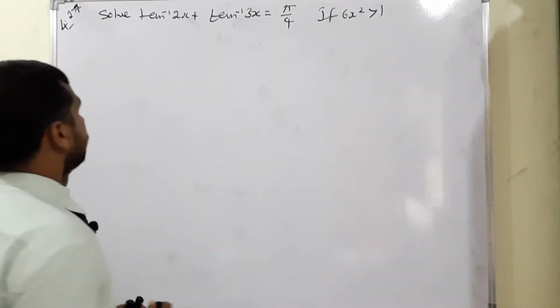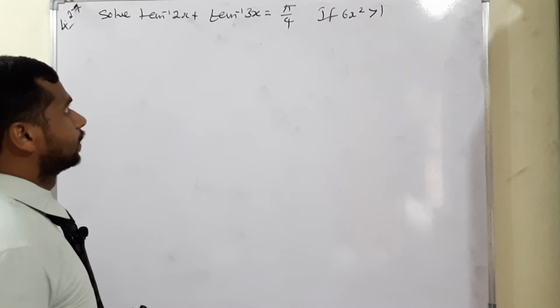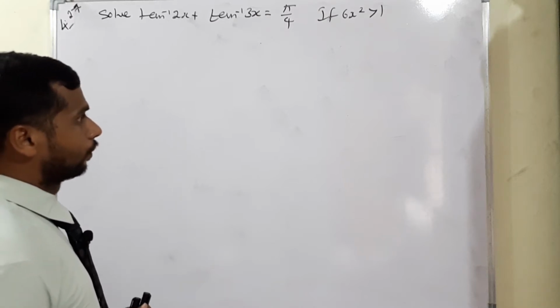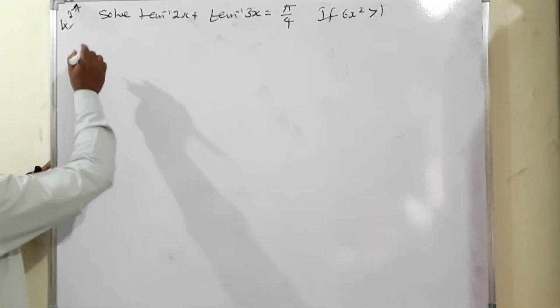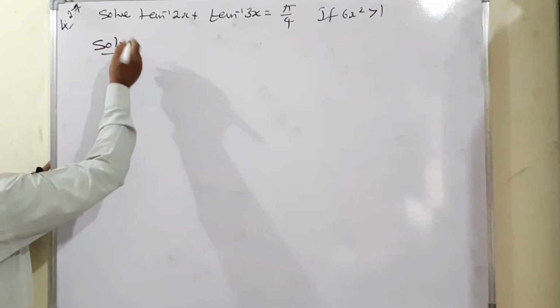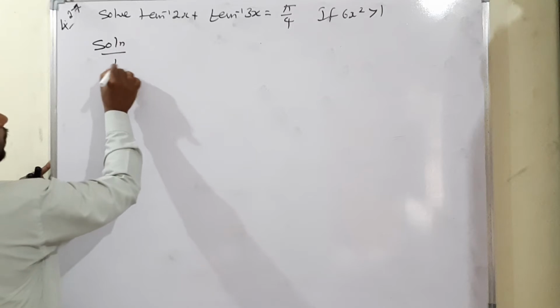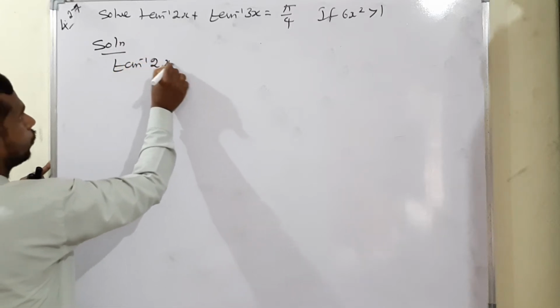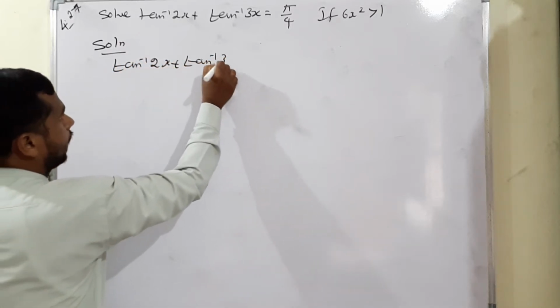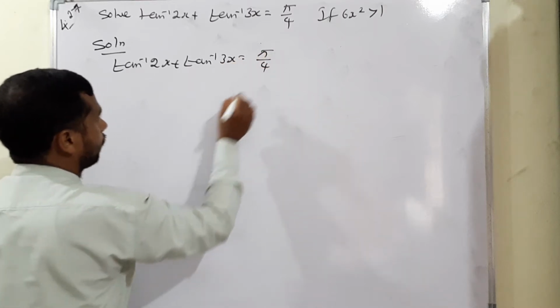Example 4.27. Solve tan inverse 2x plus tan inverse 3x is equal to pi by 4. Now we have to find the solution, so I will rewrite the question: tan inverse 2x plus tan inverse 3x is equal to pi by 4.